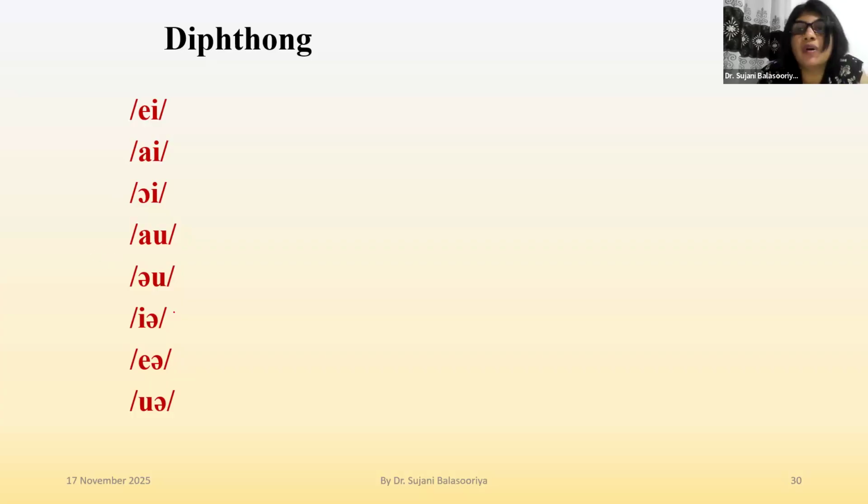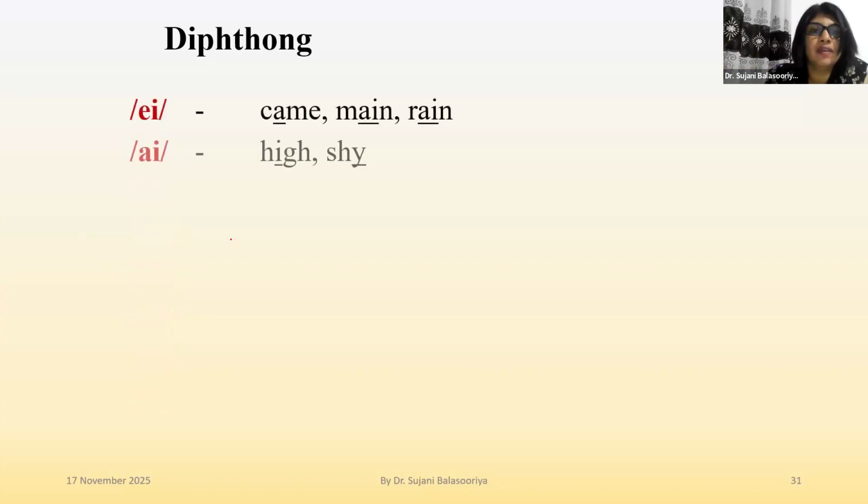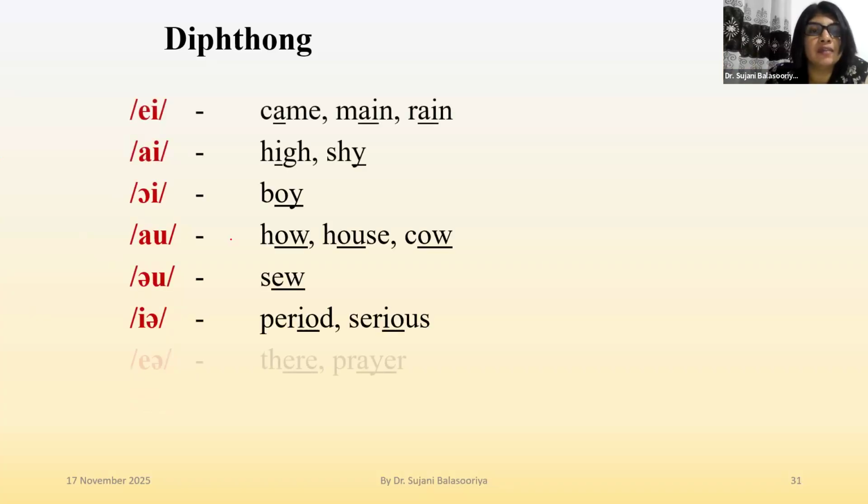So the first diphthong is pronounced as A, quickly we say A. And the second one, I. Third one, Oi. And the next one, Ow. Next, O. Ear, air, oor. Let's see whether we have words. Yeah, I have given some words also.